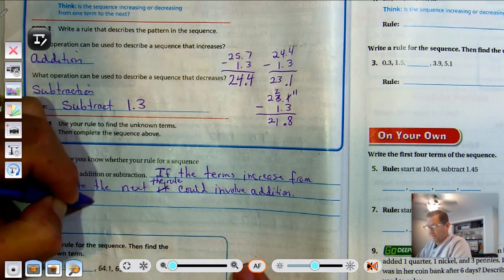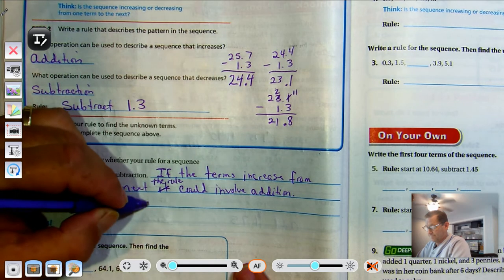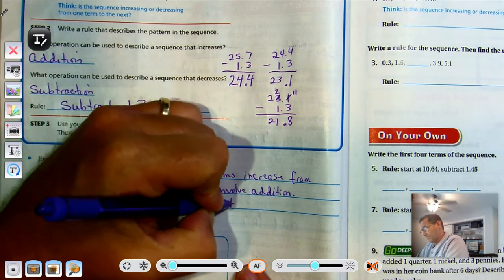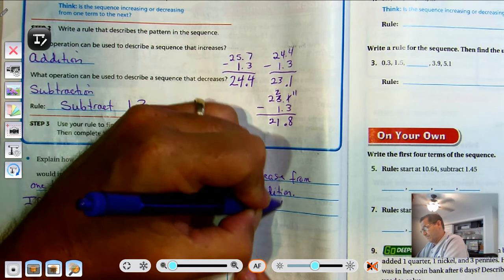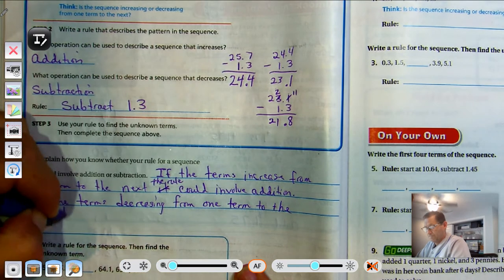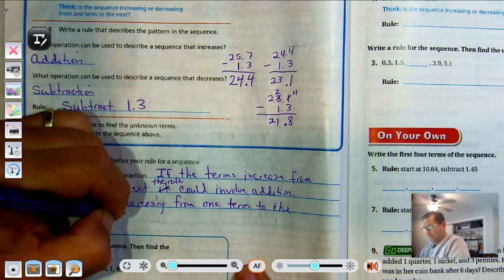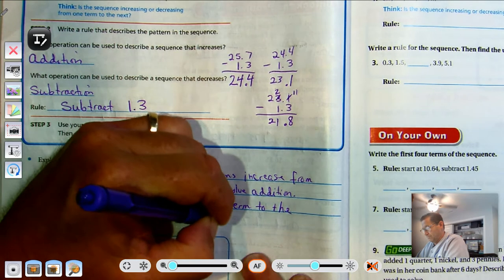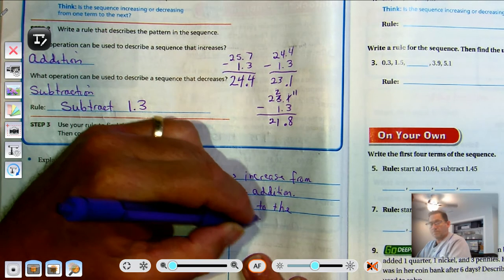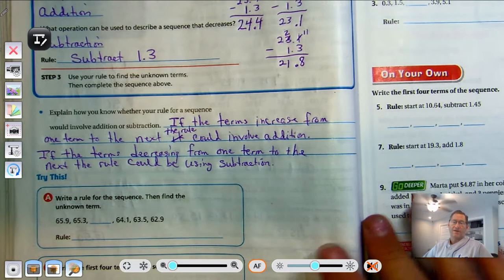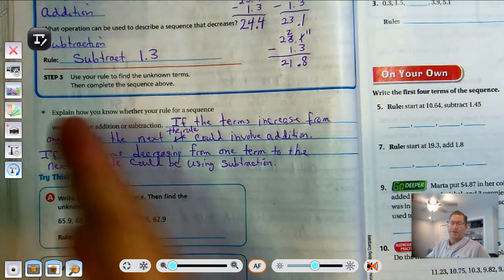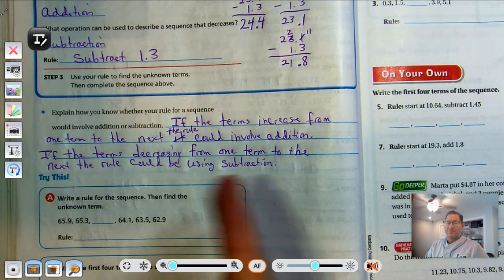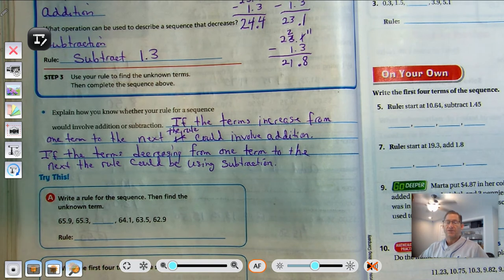If the terms are decreasing, all right. So basically, from one term to the next, if the numbers are increasing, the rule may involve addition. If the numbers are decreasing from one to the next, it may be using subtraction.